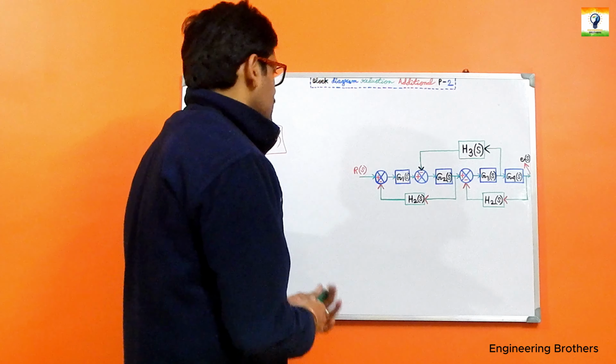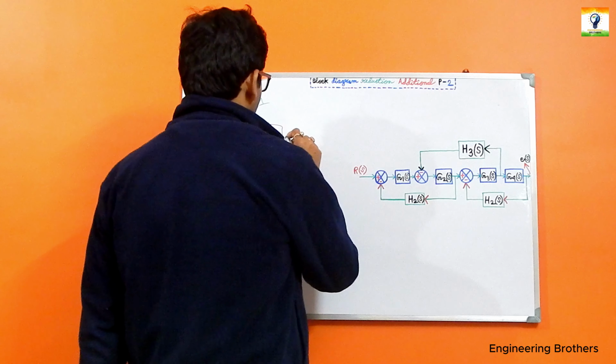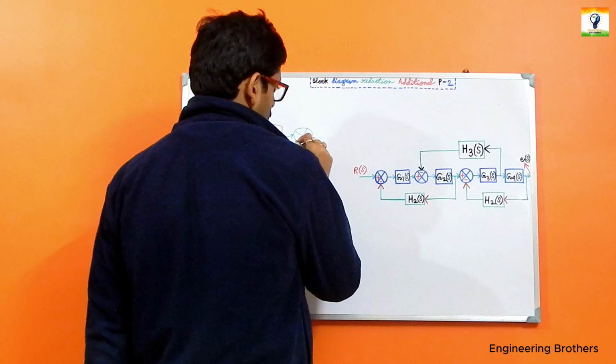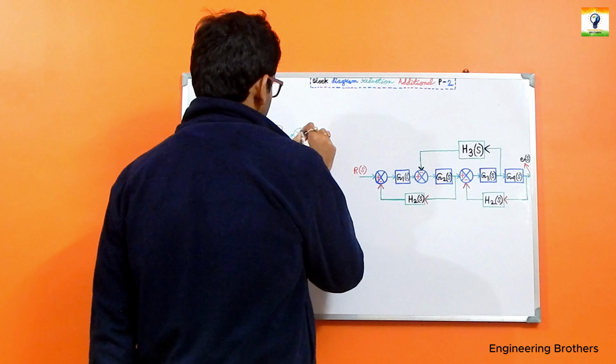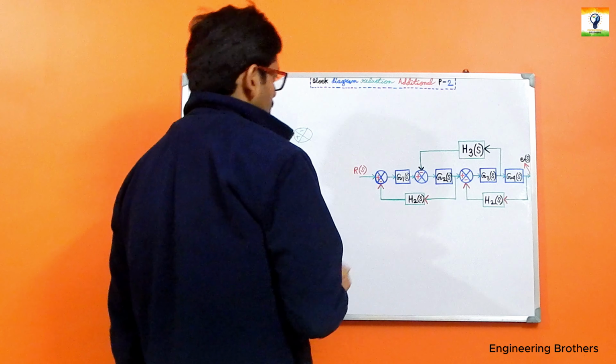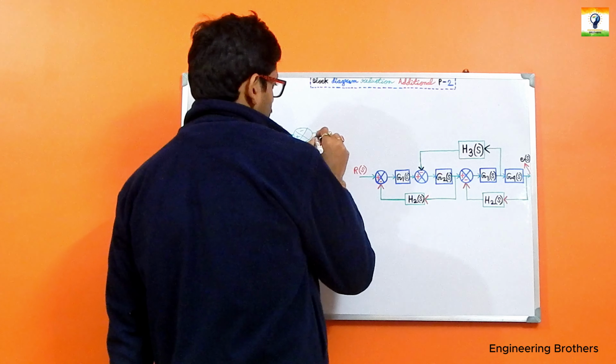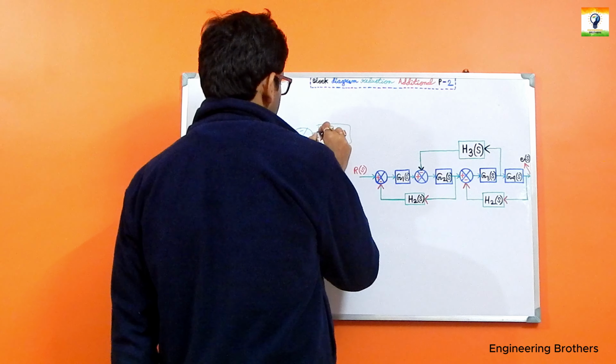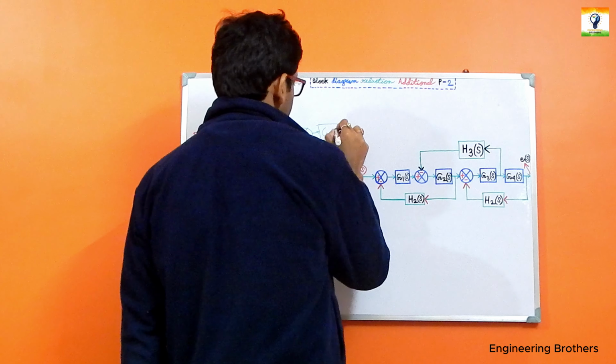Now we take a summing block, this one is plus, this one is minus, and in our given part we have G2(S). This one is our G2(S).